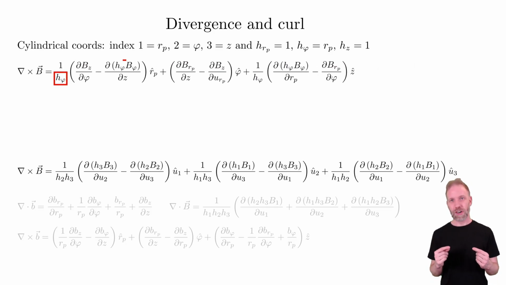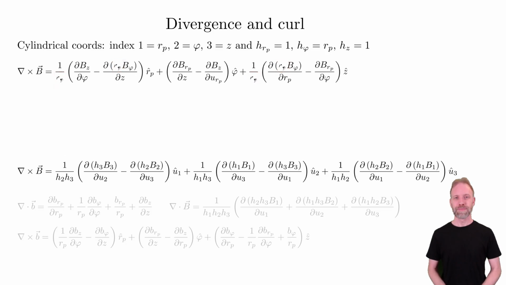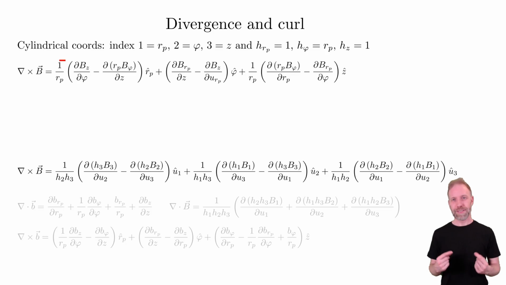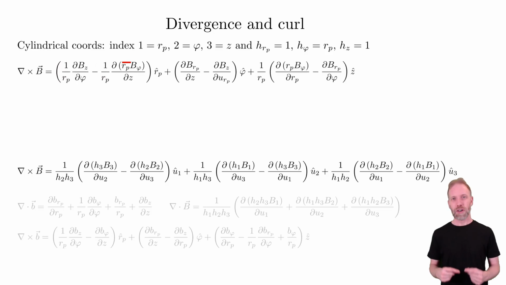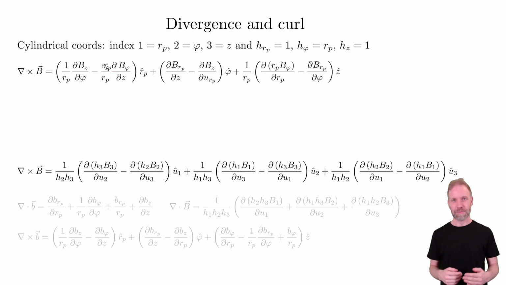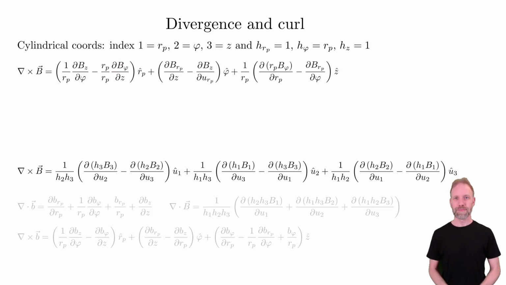Then we insert Rp as h phi. Distribute 1 over Rp. Rp is not the function of Z and can be placed before d to z. Rp over Rp is 1.